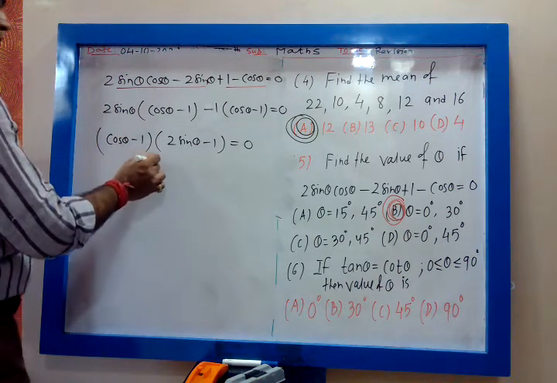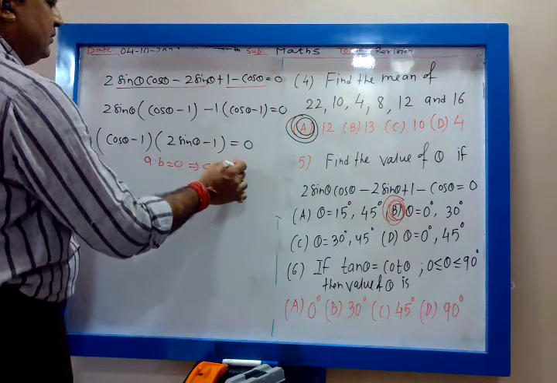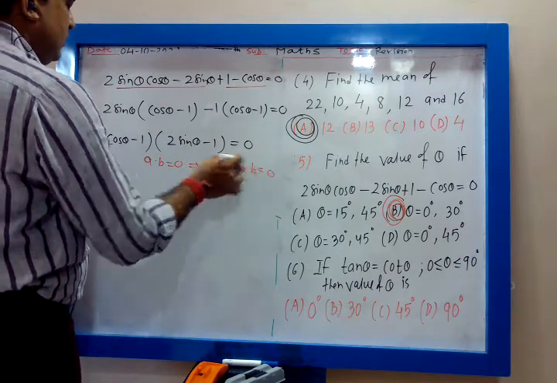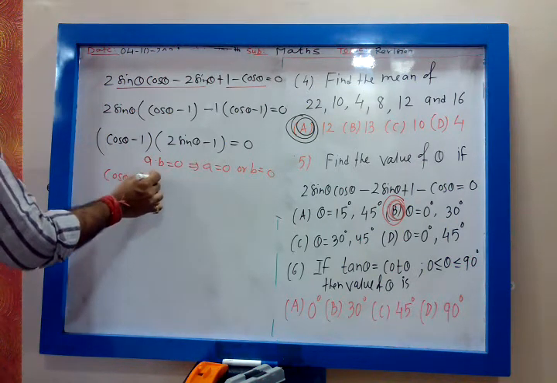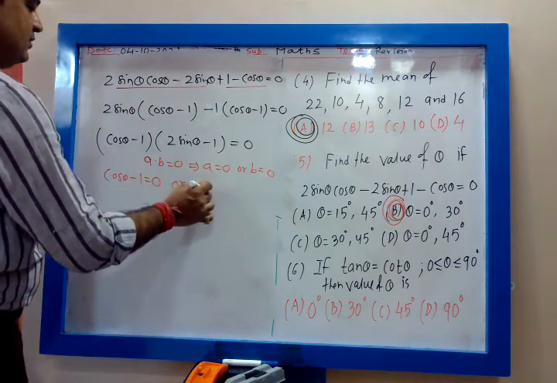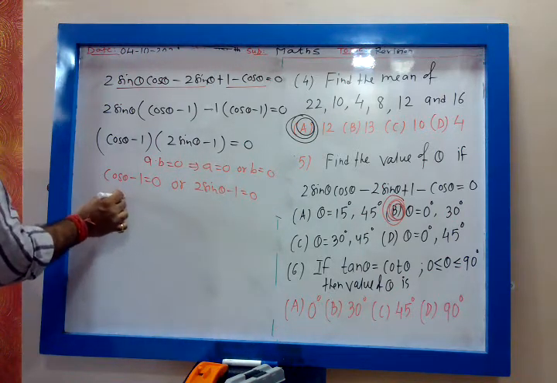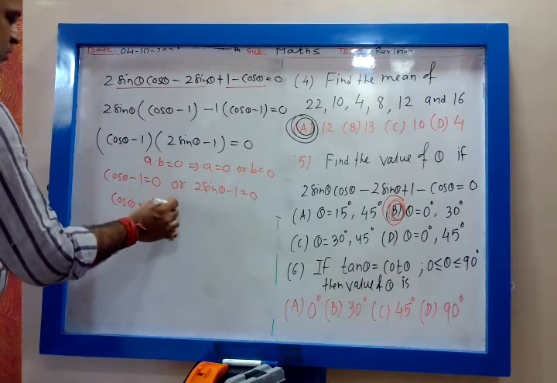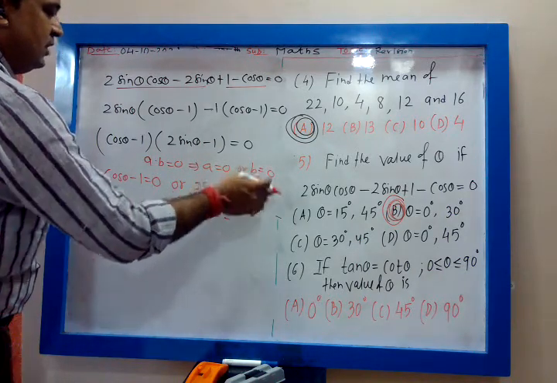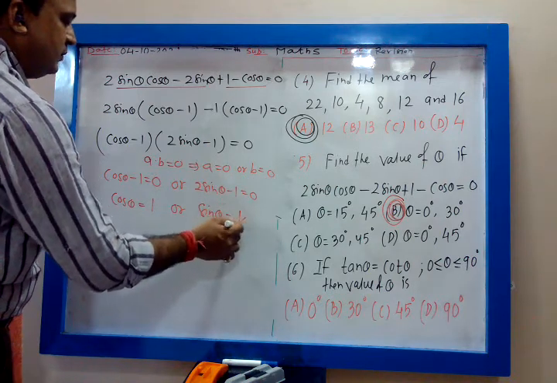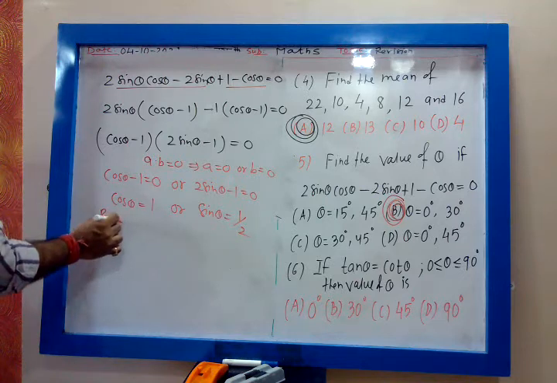Now use the result: A dot B is 0. That will give you either A is 0 or B is 0. So cos theta minus 1 is 0, or 2 sin theta minus 1 is 0. That will give you cos theta is equal to 1 or sin theta is equal to 1 by 2. But cos of which angle is 1?